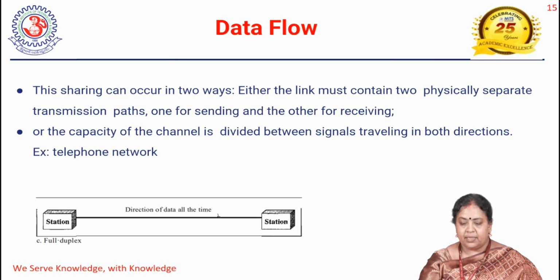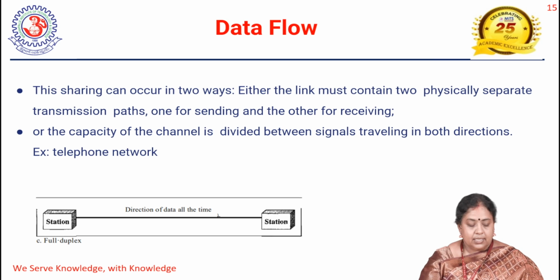Station 1 is using the link and station 2 can also utilize the link. How can they utilize it? By sharing: either the link has two physically separate transmission paths, or the entire capacity of the link can be shared logically between station 1 and station 2, one for receiving and one for sending.